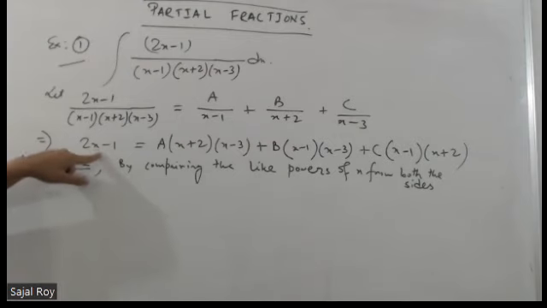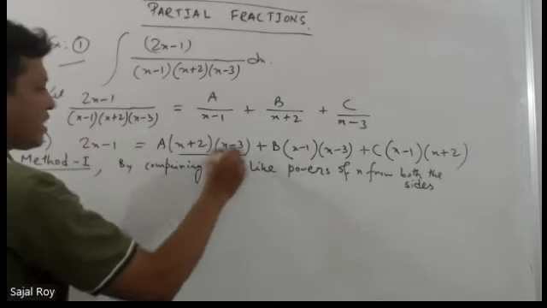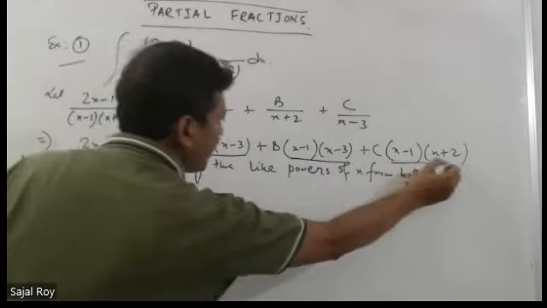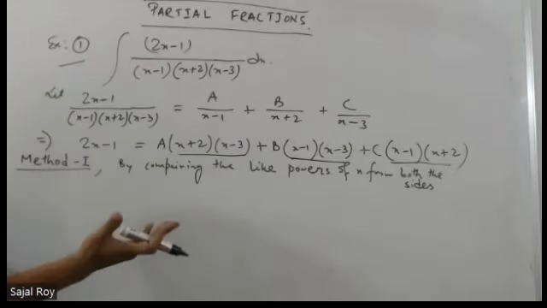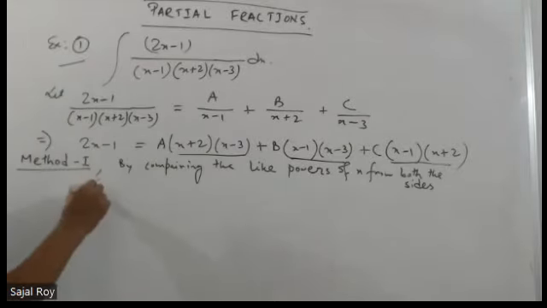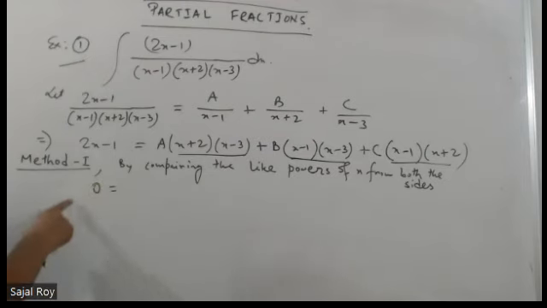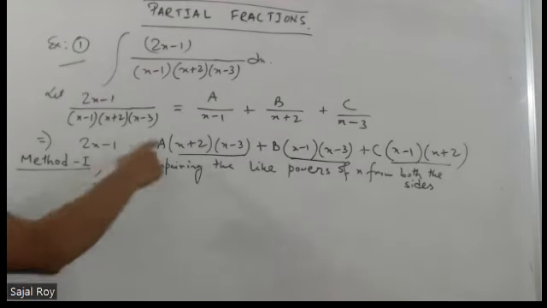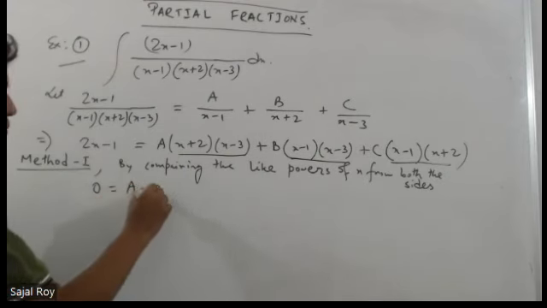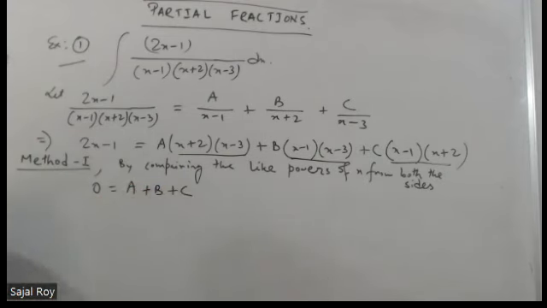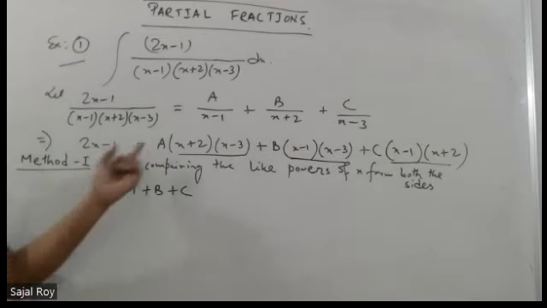On the left you have a linear term. On the right you have x square terms if you multiply, and on the left you have no x square term, so on the left you write 0. That means I am equating the coefficient of x square. On the right, what is the coefficient of x square? A plus B plus C. Am I clear?